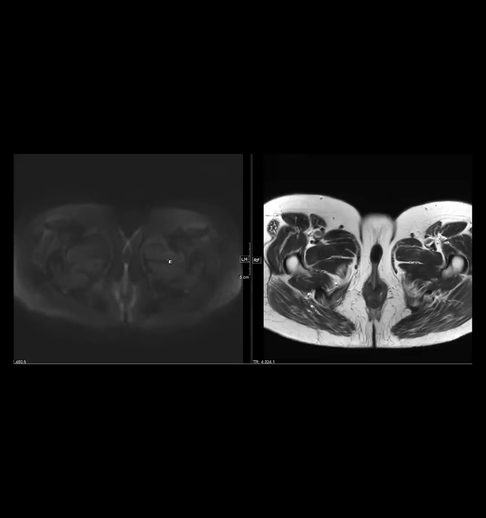She's older. She's in her 60s. The history is that she's had a mass, and it's slowly growing over the years, and now she decided to come seek medical attention.